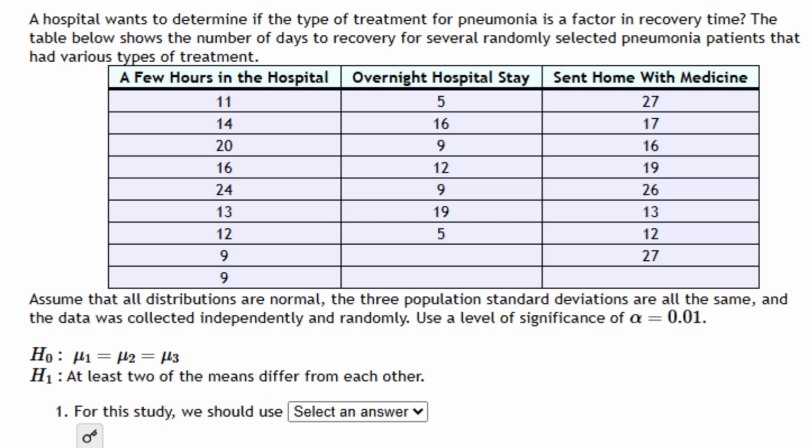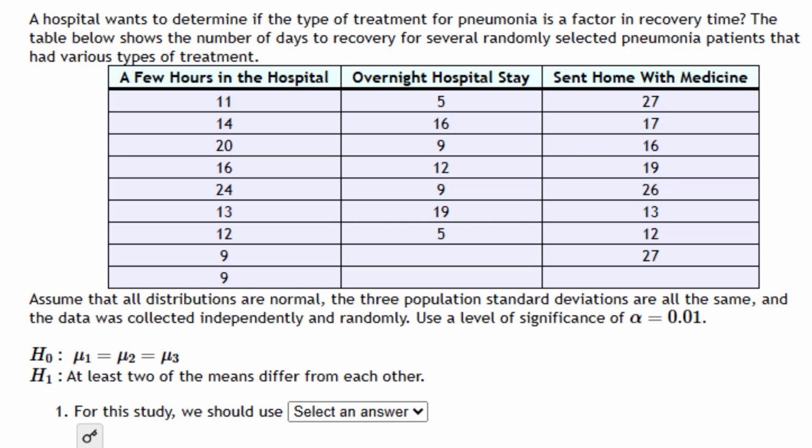The other thing that we obviously have is some sort of measurement, or in this case, a count, because we're counting up how many days it took until they recovered. So we have quantitative data, so we can calculate means of each of those three groups. The null hypothesis is always that all of the means are the same.